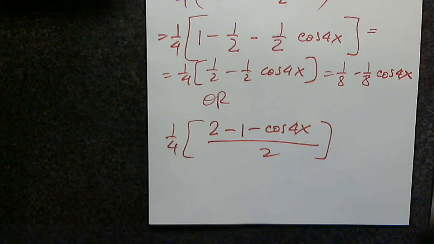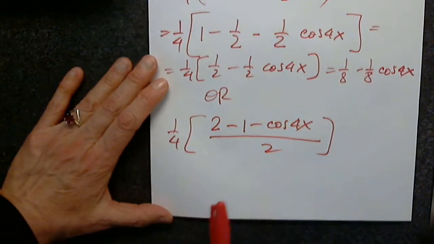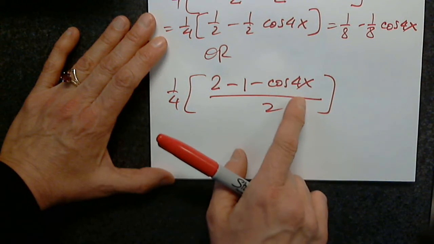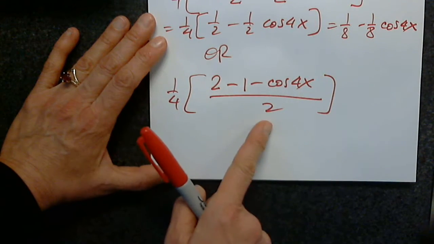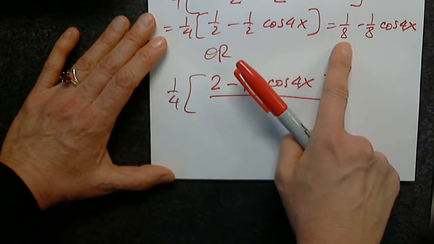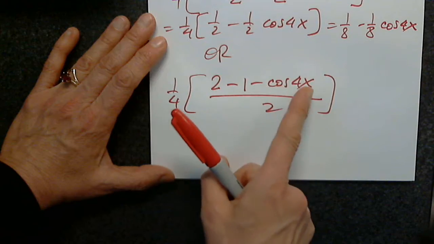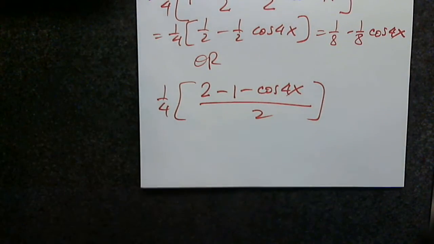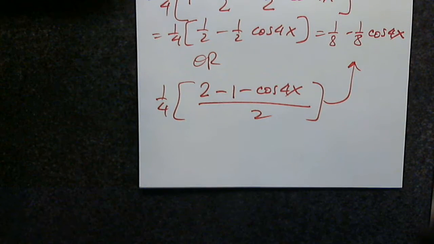So this was basically 3 rows. The other one took me 2 pages. Here you will get the same thing. You will still have 1 minus cosine 4x. 1 over 2 times 1 over 4 will be 1 over 8, and then minus cosine 4x over 2 times 1 over 4 will be this. So the answer reduces to, of course, the same thing.